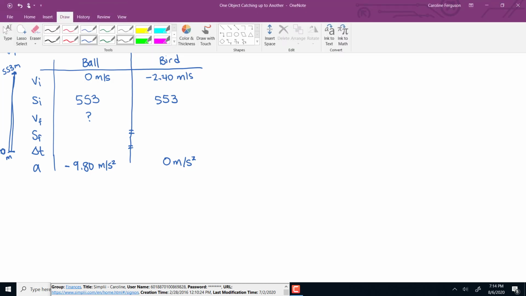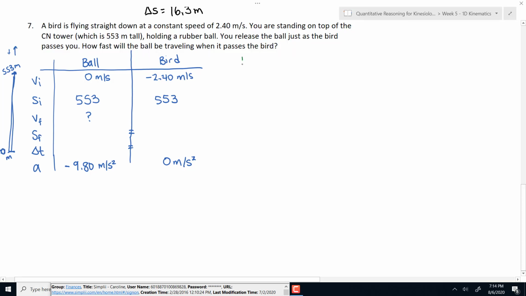So let's do that. So we'll start with the ball. We're going to use, because at this point, we don't know what V final is yet, the same equation we used last time, which was S final equals S initial plus V initial delta t plus 1/2 A delta t squared.